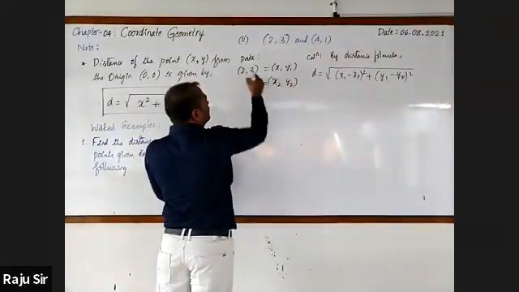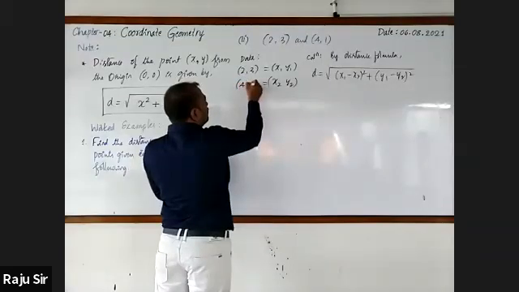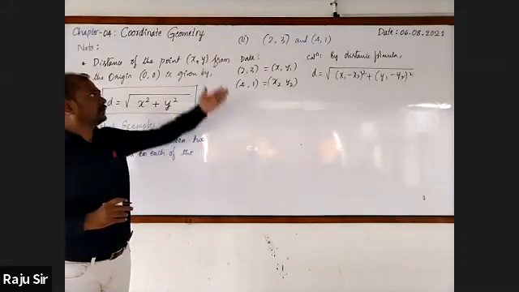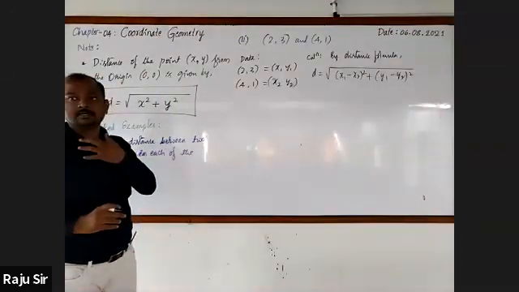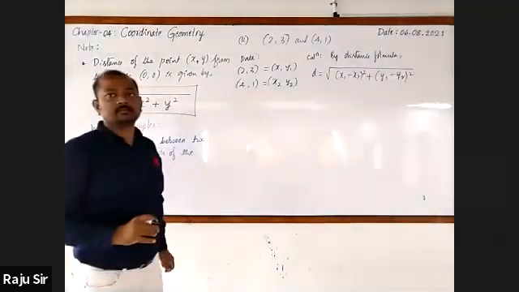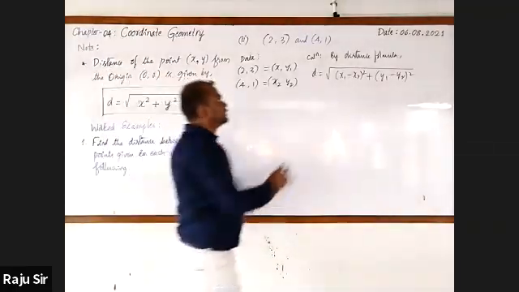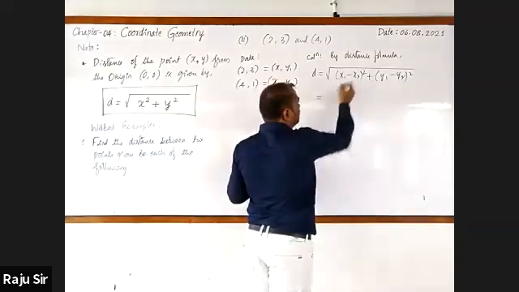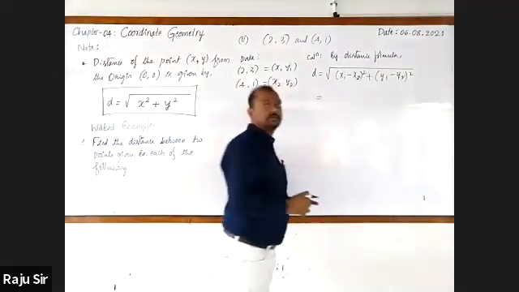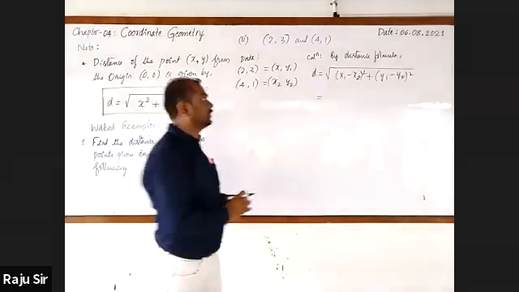Write the actual steps. 2, 3 is x1, y1. 4, 1 is x2, y2. By distance formula, d is equal to square root of (x1 minus x2) whole square plus (y1 minus y2) whole square.